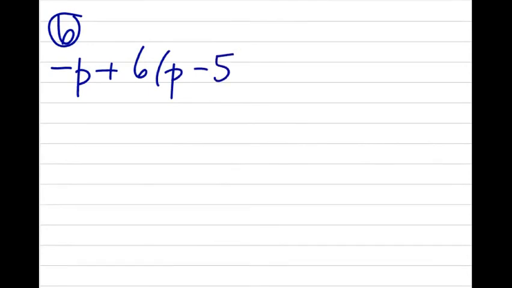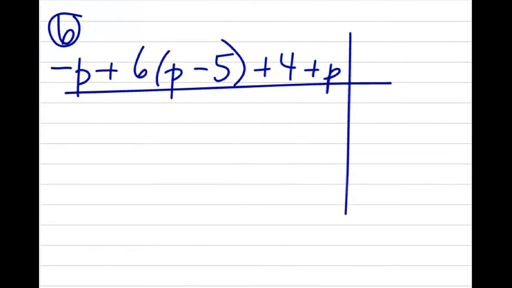Okay, the next one I want you to look at is number 6. So we have negative p plus 6 times p minus 5 plus 4 plus p. Again, don't stress yourself out. We have a process that we'll follow. The first thing we want to look for is subtraction.